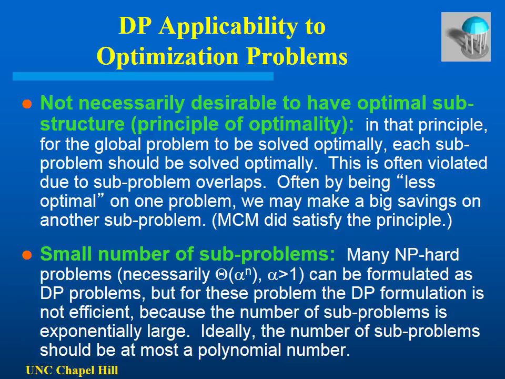Matrix chain multiplication, in fact, satisfies this principle of optimality, but it is not generally the case.